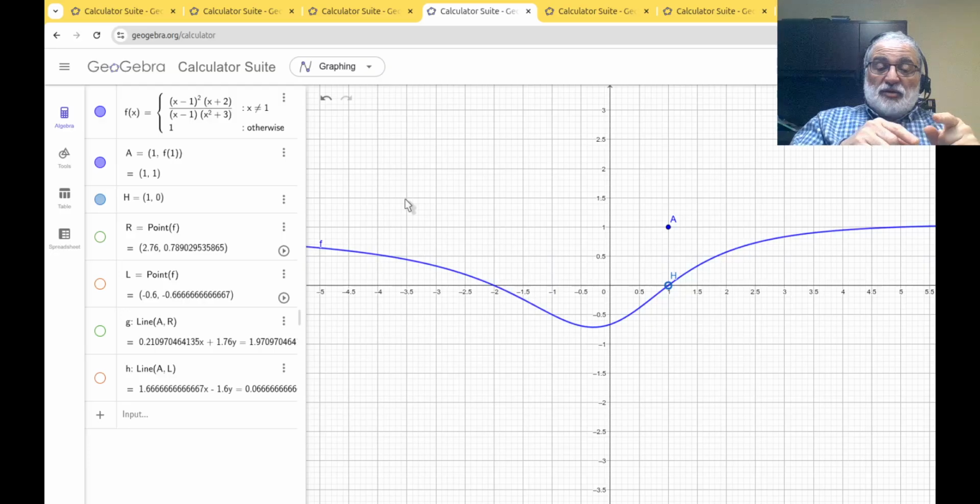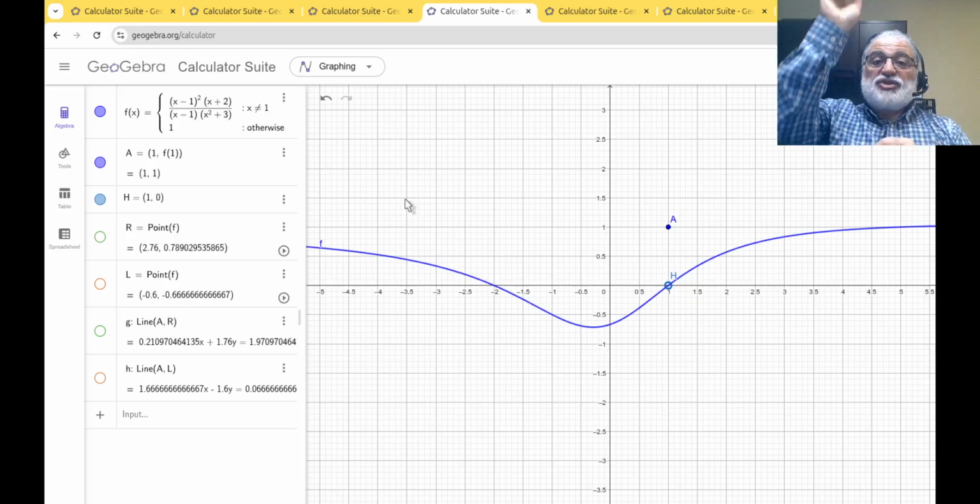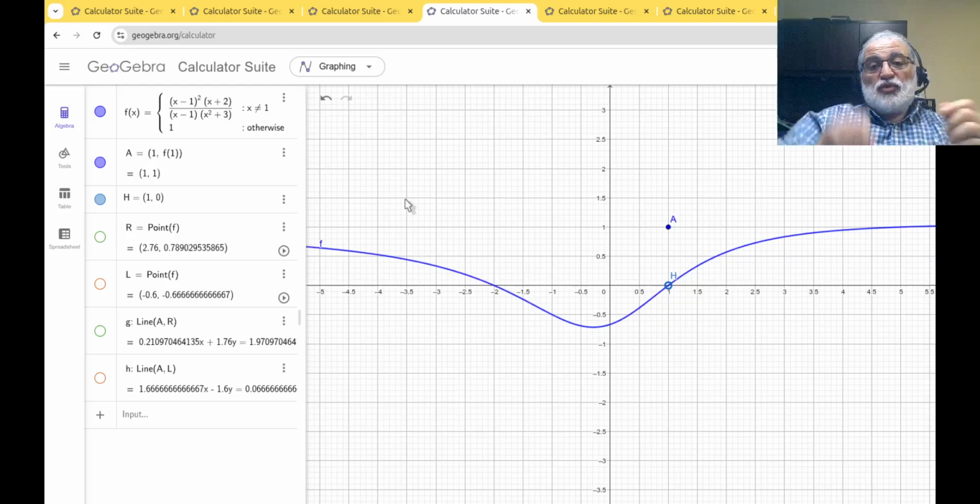So we go on the graph of the function all the way from the left, all the way from the right, approaching the hole, but exactly at the hole, the function jumps up to that point A. So the problem here is not that the function is undefined. No, the function is defined, but it is discontinuous.